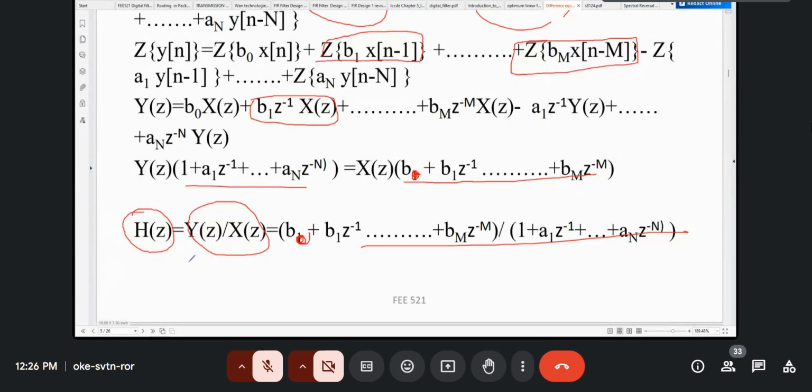So H of z is simply Y of z divided by X of z, which is simply this.